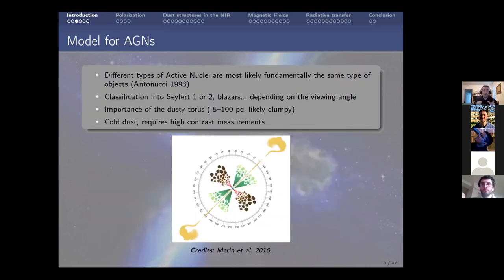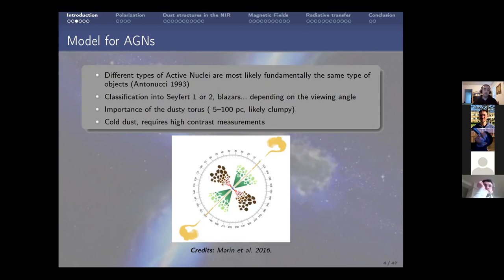For a rapid overview of AGN, we have a bunch of different categories, but fundamentally this would be the same type of object, which have different active phases which are more or less active. But the main difference arises from the viewing angle we have on this object. This is a model where at the very center you have a supermassive black hole with an accretion disk, which is emitting most of the luminosity between basically the ultraviolet and the near infrared.